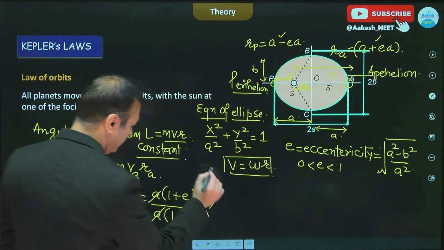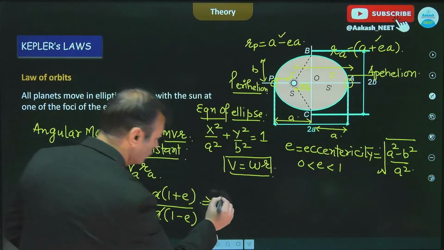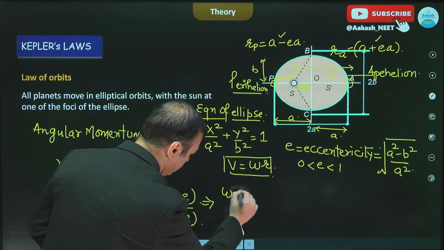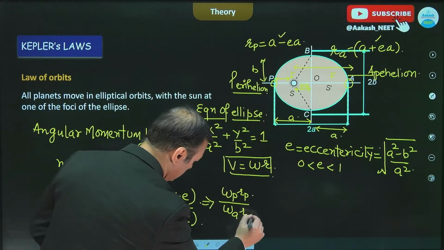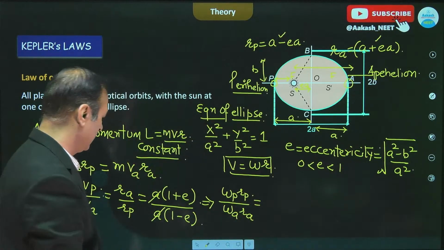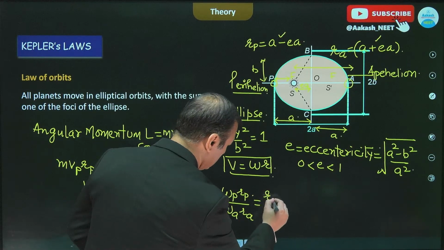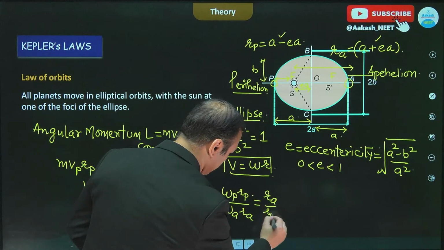So when you extend this, this is omega p Rp by omega a Ra, and this is Ra by Rp.